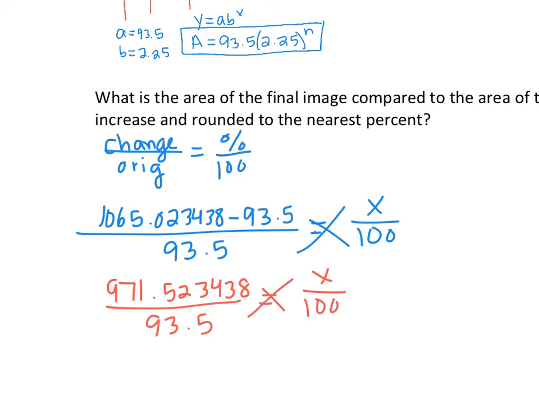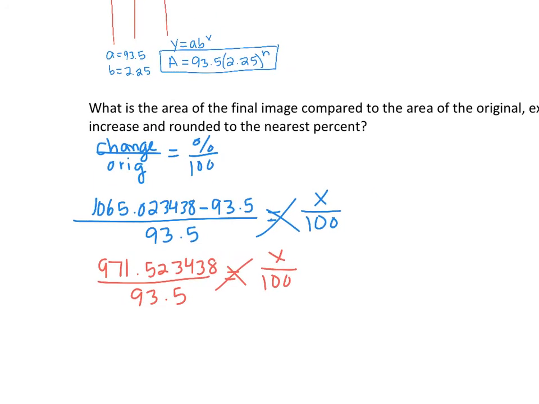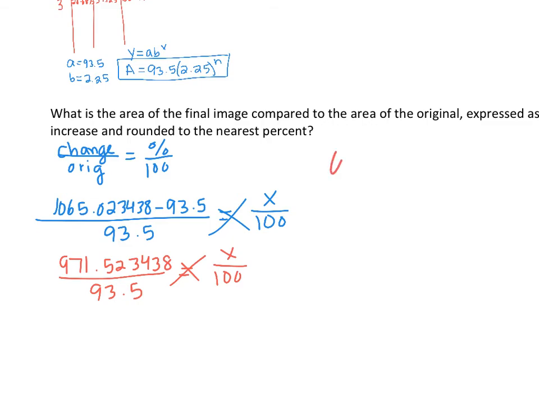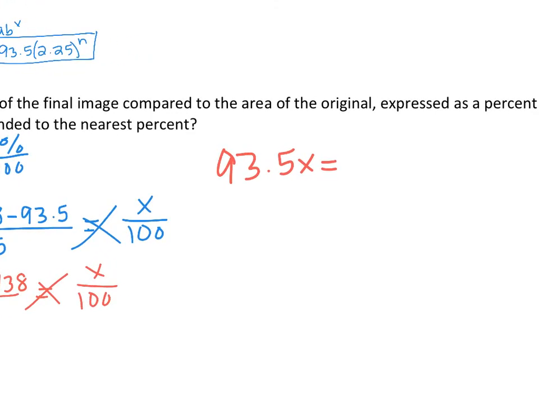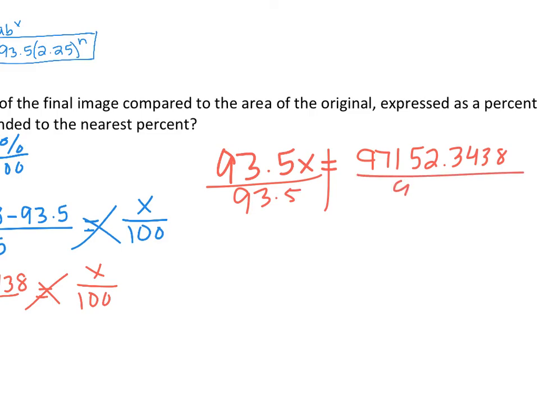Rewrite everything else. Now let's cross multiply. 93.5x equals 97,152.3438. To solve, we're going to divide by 93.5.